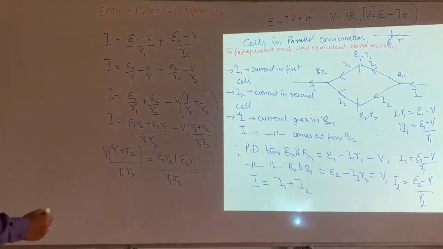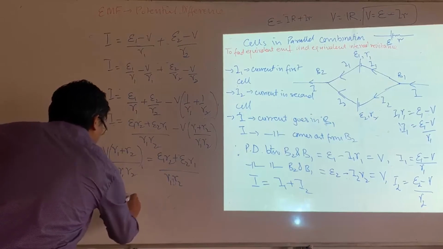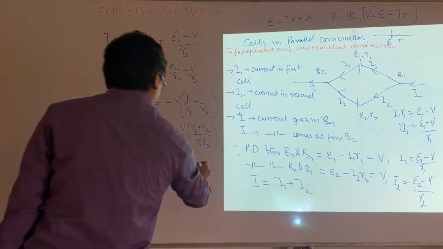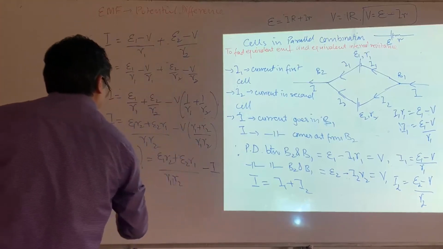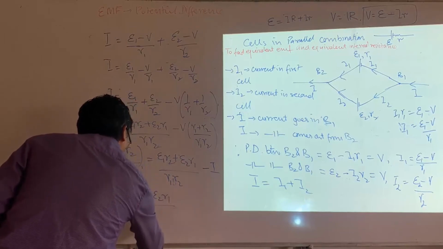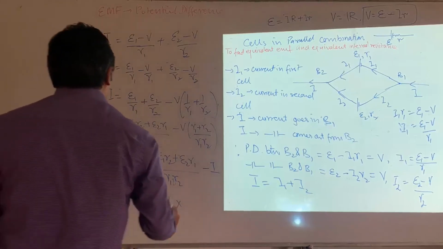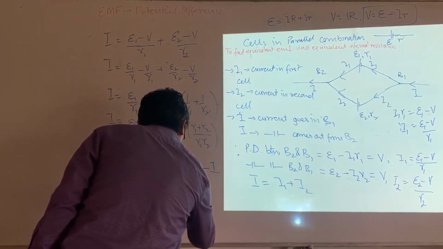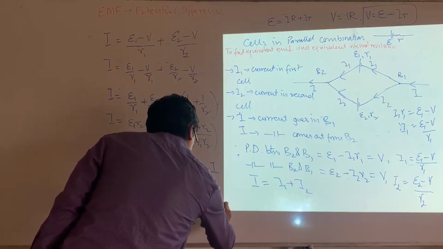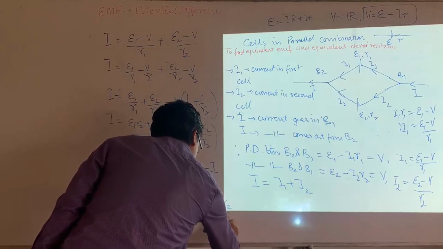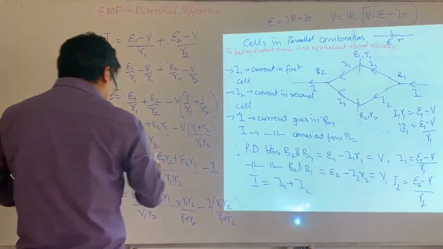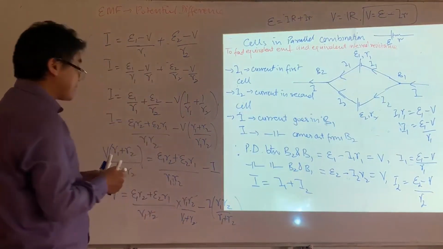Alright. Now V is going to be this. I'm sorry, here is minus I R1 R2 divided by R1 plus R2. This is what we got. Now I just cancel these two, cancel out.